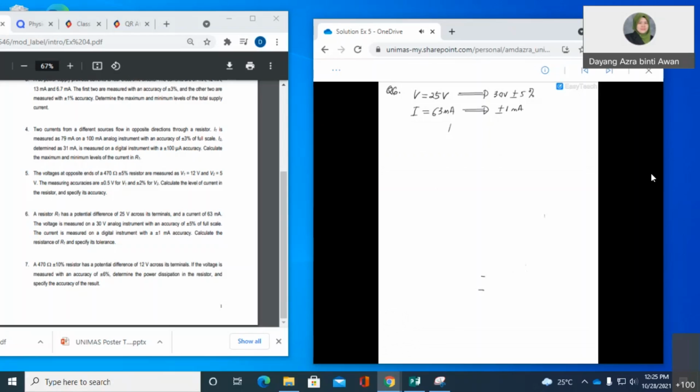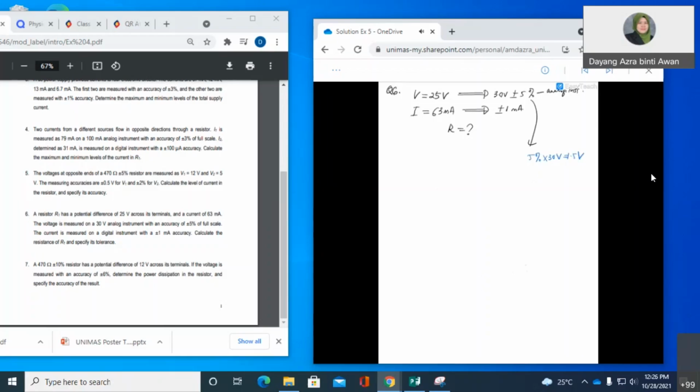Okay, so you need to find the resistor value. From this question, we need to find the voltage error first, since this one is given by the analog instrument. We have 5% out of 30 volts, and 5% of 30 volt is 1.5 volt.